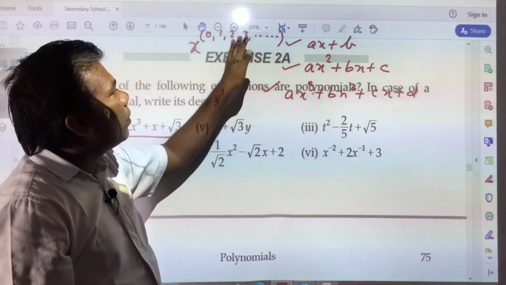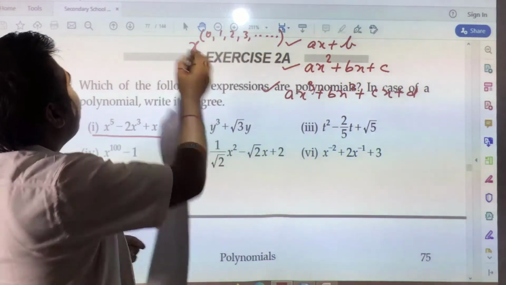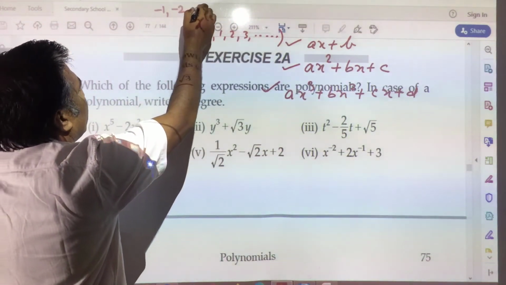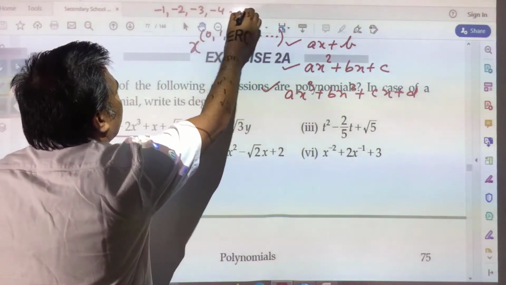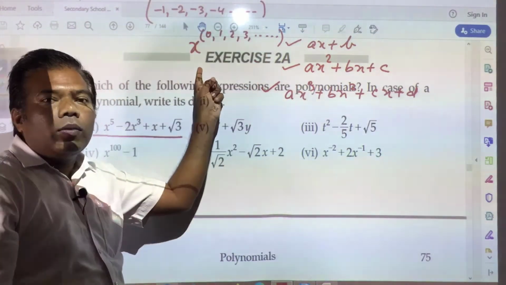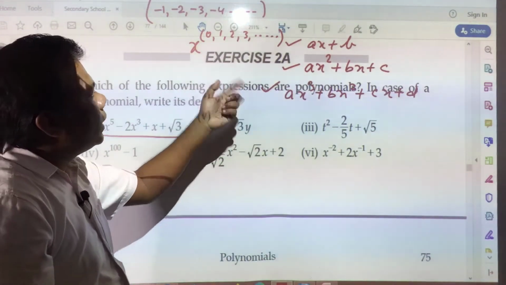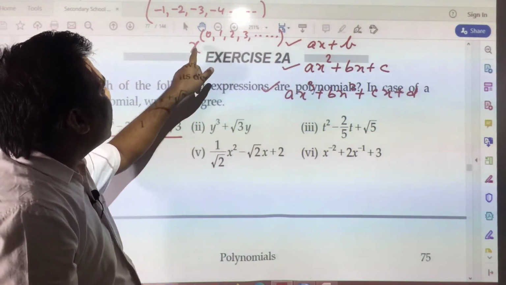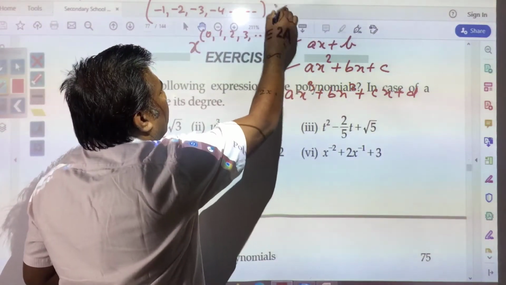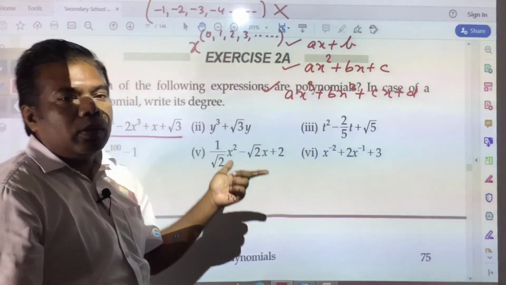It must not be negative, it means it must not be minus 1, minus 2, minus 3, minus 4 and so on. So, if the power of the variable, whatever that is, either x, y, z, if it is negative, that is not a polynomial. That thing only you need to remember.